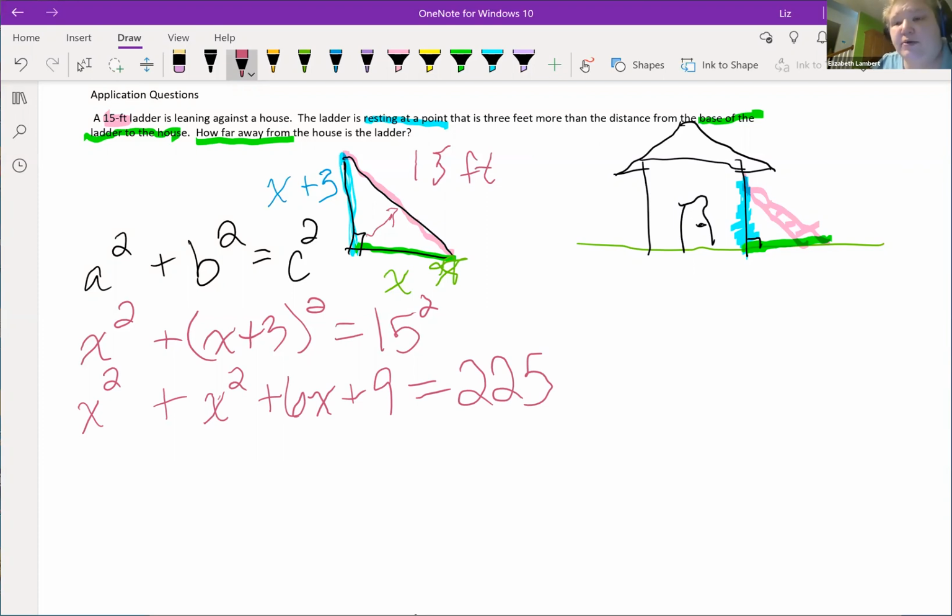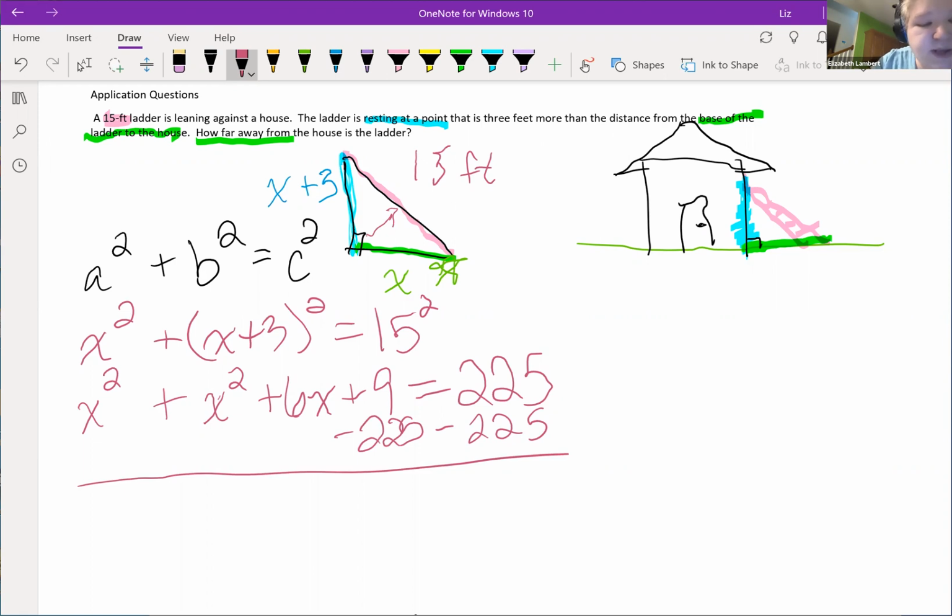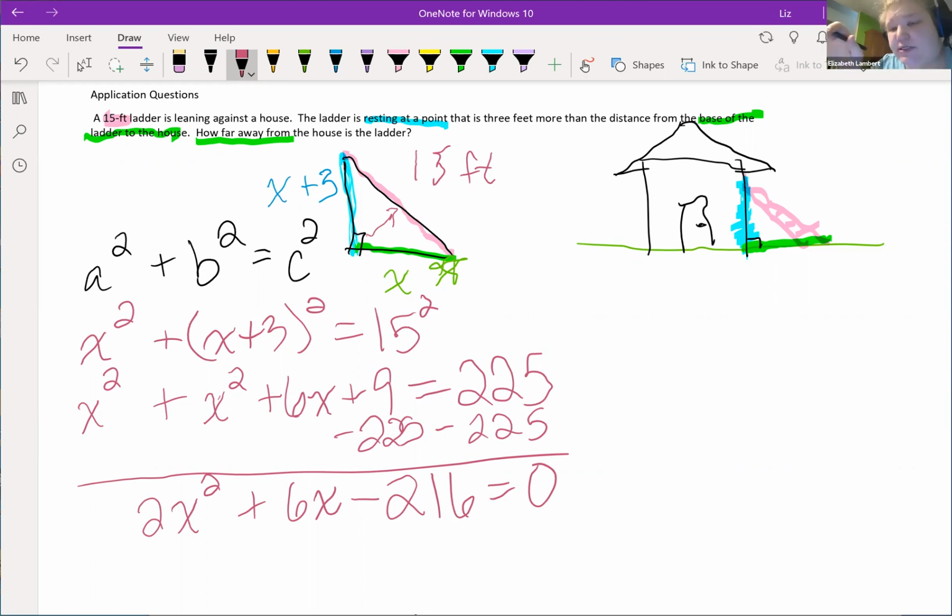This is a quadratic. So we're going to combine like terms, move stuff over so it's equal to 0. So we have 2x squared plus 6x minus 216 equals 0. Now I could plug those three numbers into the quadratic formula, but wait.